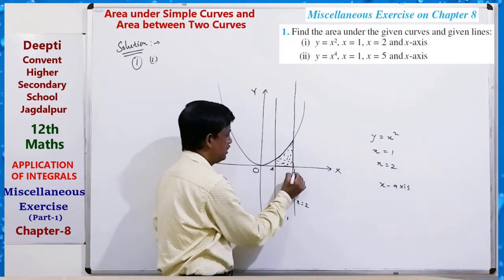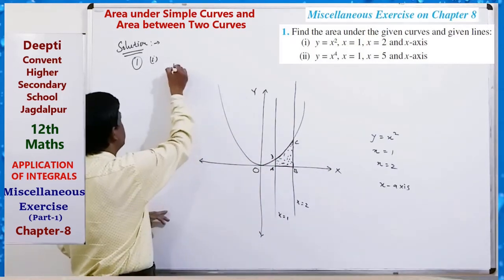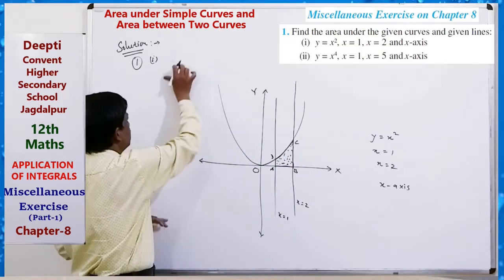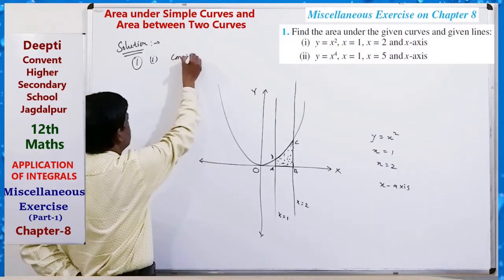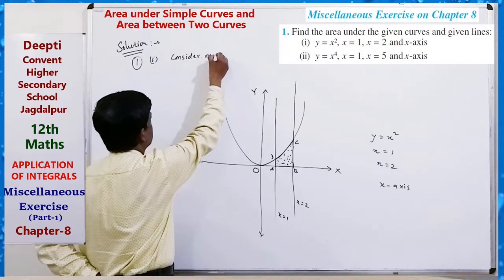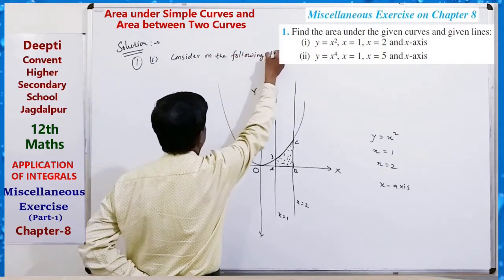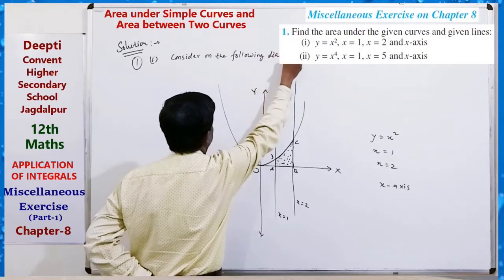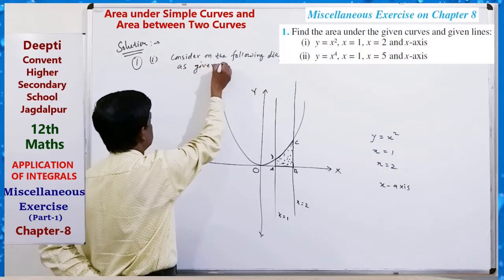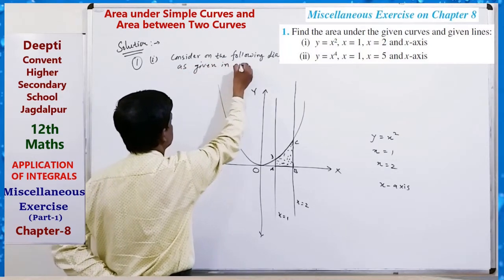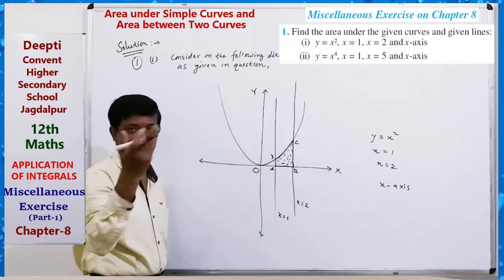So A, B, C, D. Okay, for the required area, you have to write: consider the following diagram as given in the question.